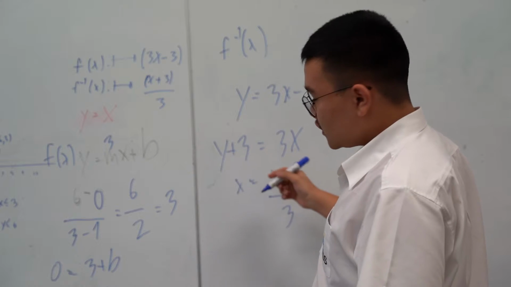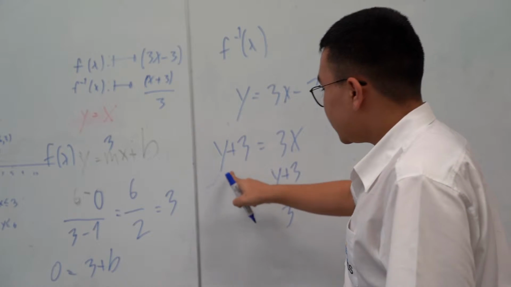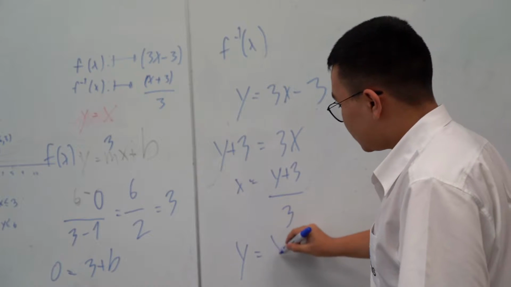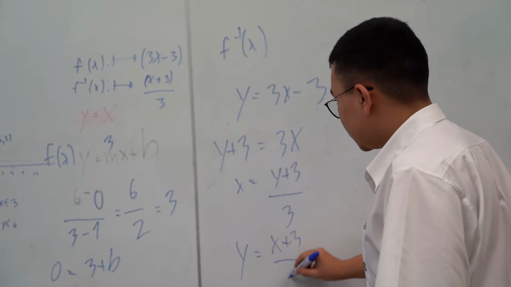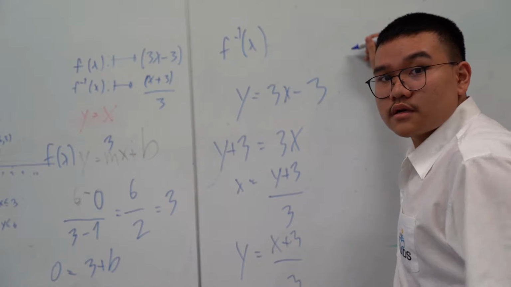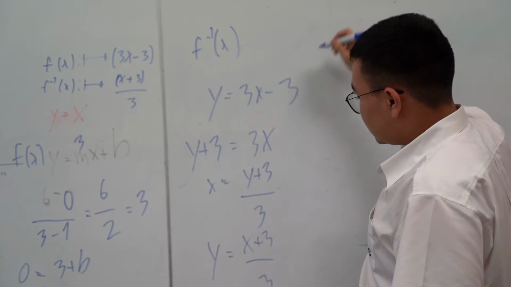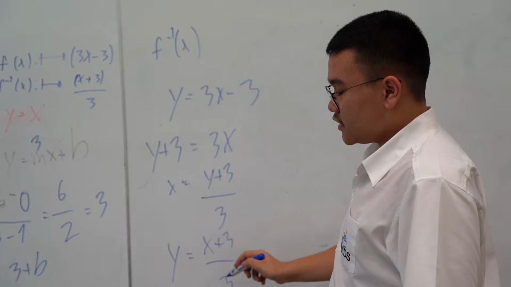But when it's the inverse, we swap x and y, so y equals (x plus 3) over 3. So we got the equation.